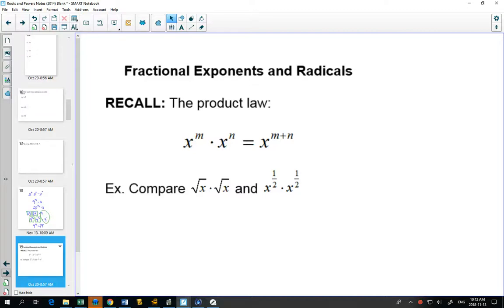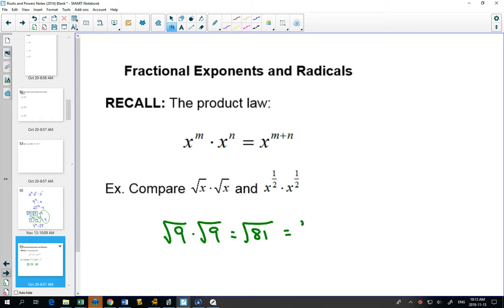So how fractional exponents and radicals are related to each other. It is based on this idea. You've got your product law, so you can multiply two things together. And we used numbers. So we said, if I know the square root of 9 times the square root of 9 is equal to the square root of 81, which is 9.